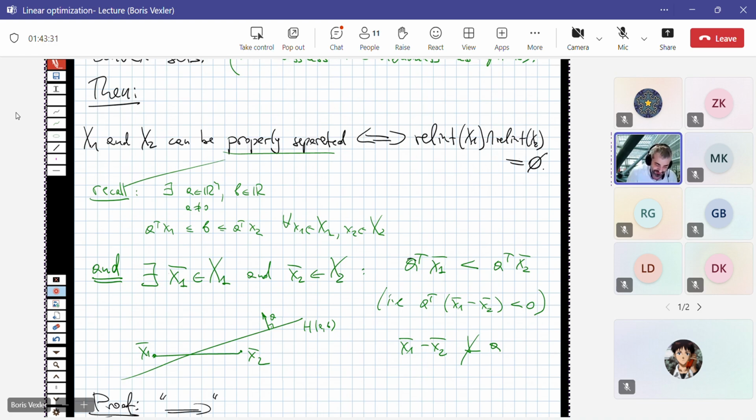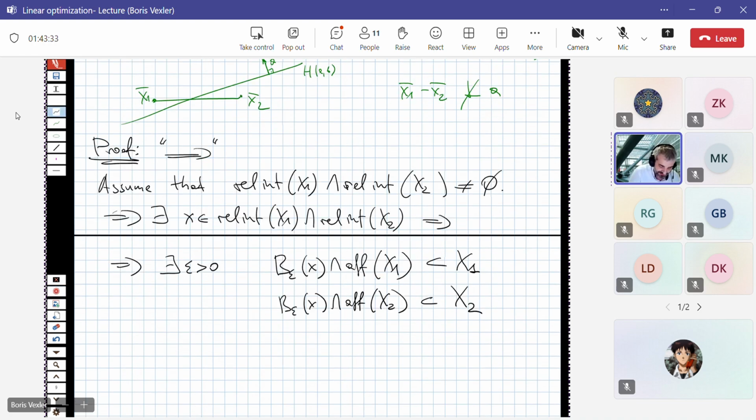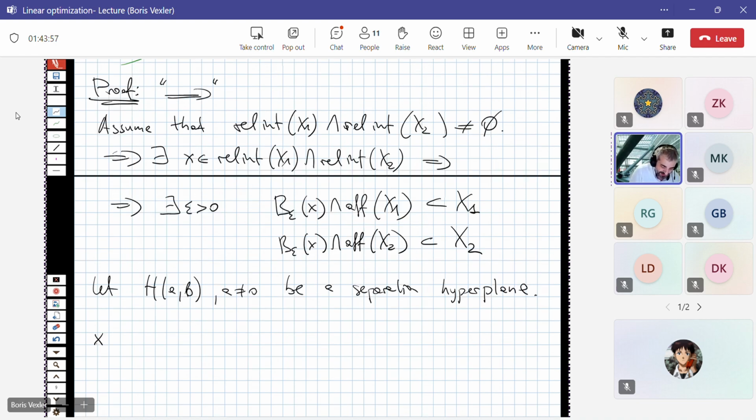Okay. Now, they are proving in this direction, and therefore they assumed that x1 and x2 are properly separated, and therefore let H_{a,b} with a non-zero be the separation hyperplane. What we know is that x is in the relative interior of x1 intersected with the relative interior of x2.